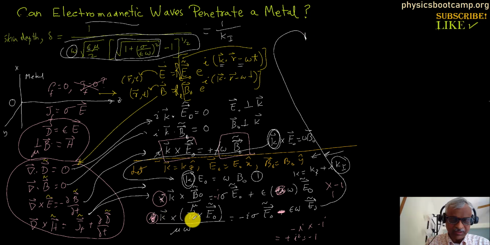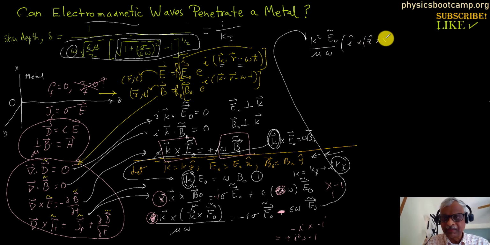Okay, so this is k squared E0 tilde over mu omega, and this is in the z direction, so z hat cross z hat cross x hat. So this becomes y hat, and this becomes minus x hat.